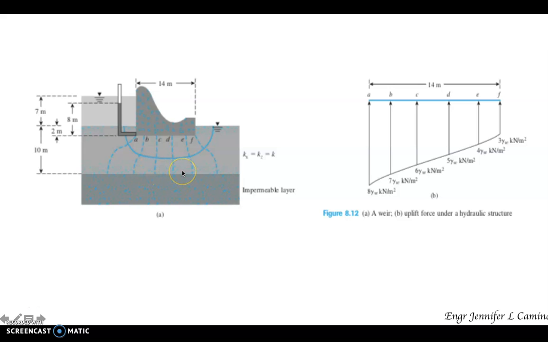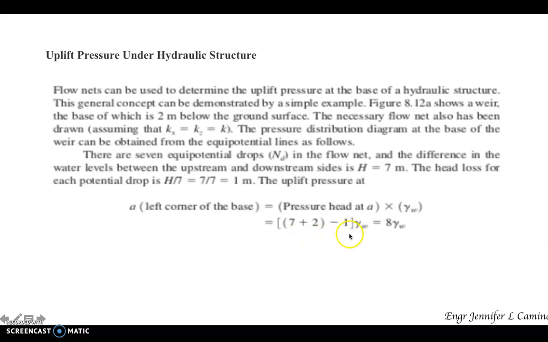Then minus the position of point A, which is the first point, so minus 1 times the pressure drop, which is 1. So that is 7 plus 2 minus 1 times 1. Then multiply the result by the unit weight of the water.